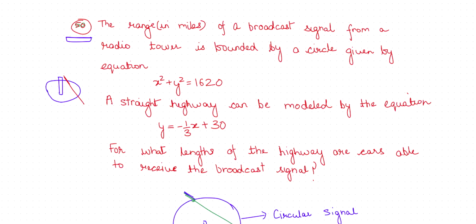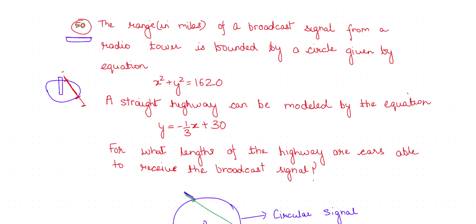When the car is here and up to here, this length, these are the lengths where the cars on the highway are able to receive the broadcast signal. Not here and not here, because they are outside the circular signal boundary.